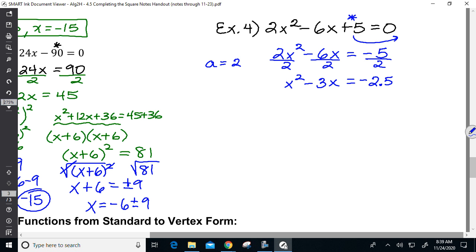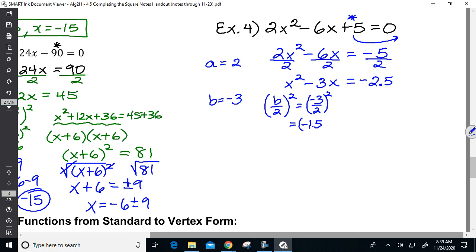So again, calculator is a beautiful thing. Now we take care of the b value. B is equal to negative 3. Take half the b value and then square it. That's negative 3 over 2 squared.